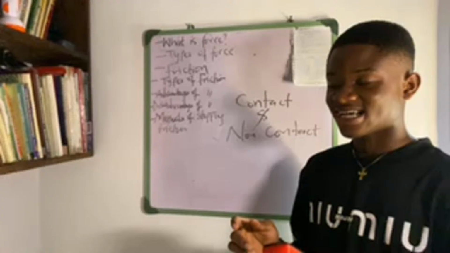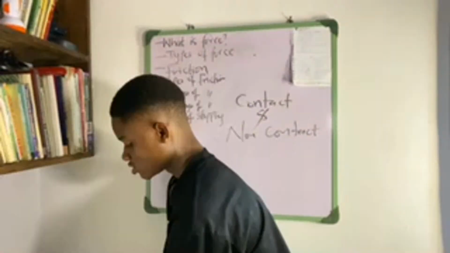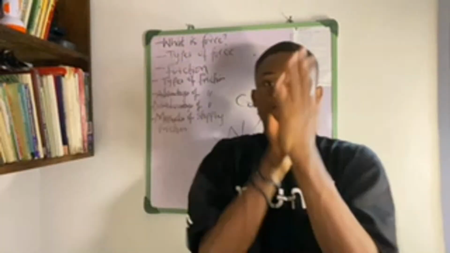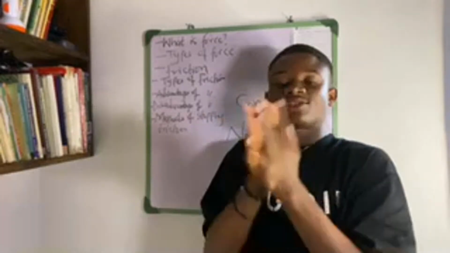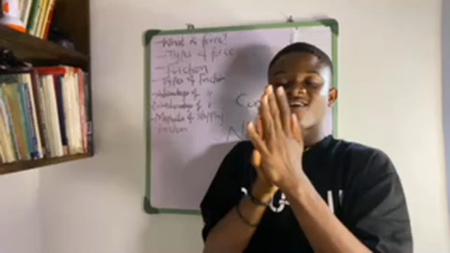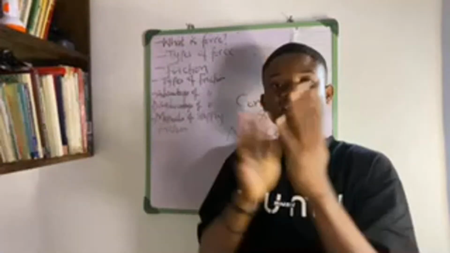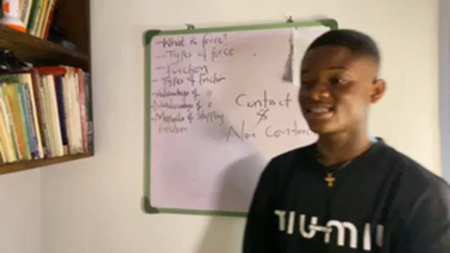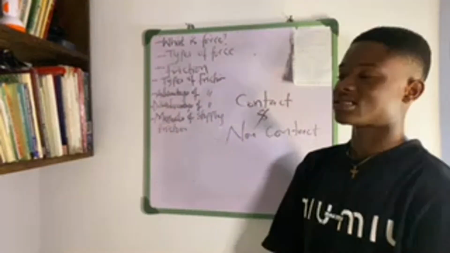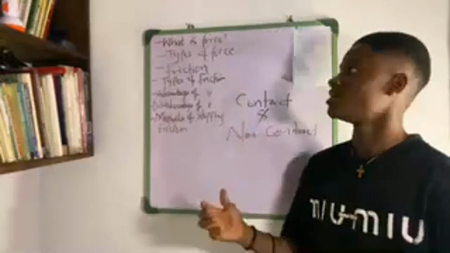Let's say you are rubbing your two hands together, you can feel the heat, right? That's the force generated. It's called friction. That force is opposes the motion of this hand over this hand. So that is friction, and it acts between two bodies.